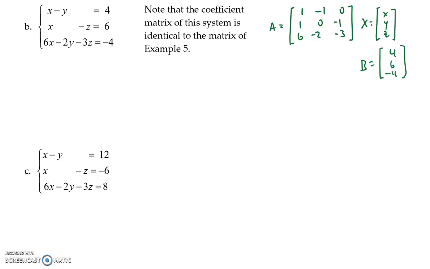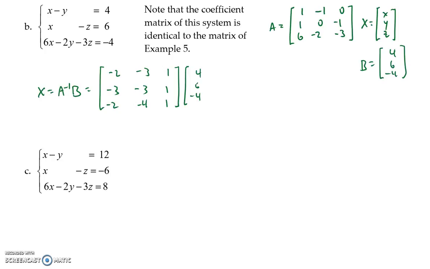So since the inverse exists, we'll use it to solve this system. Again, X should equal A inverse times B. The inverse from that previous example was the following: -2, -3, 1, -3, -3, 1, -2, -4, 1. B would be 4, 6, -4.